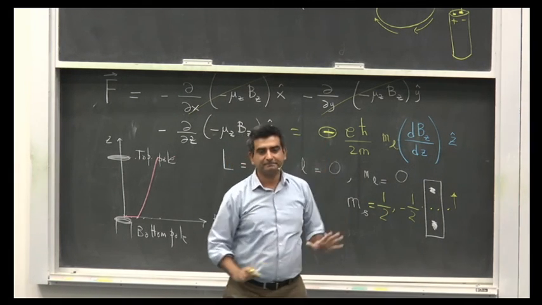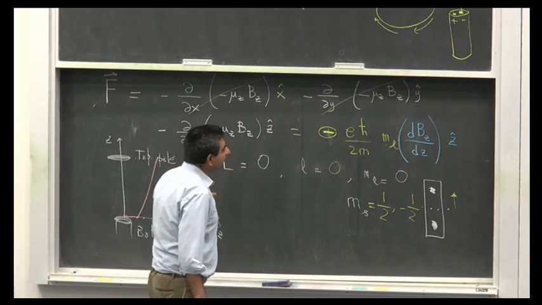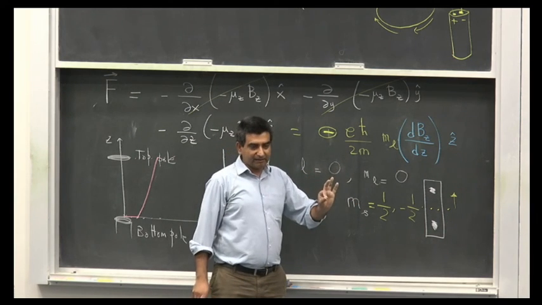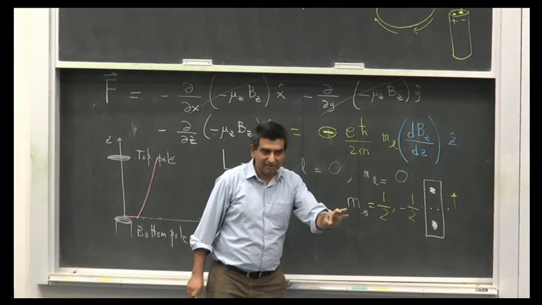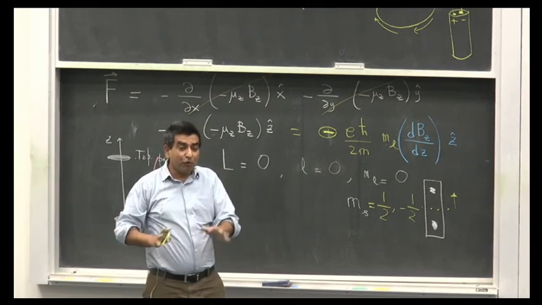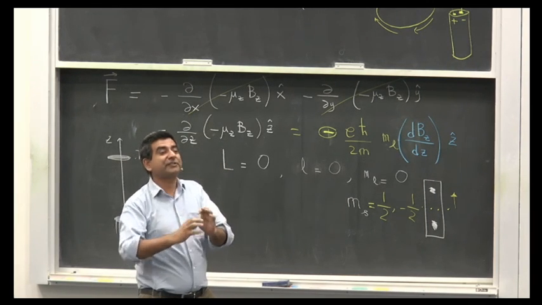Exactly. Which means that even though these electrons had an orbital angular momentum L of 0, there is some other angular momentum over and above the orbital angular momentum, which is called the spin.